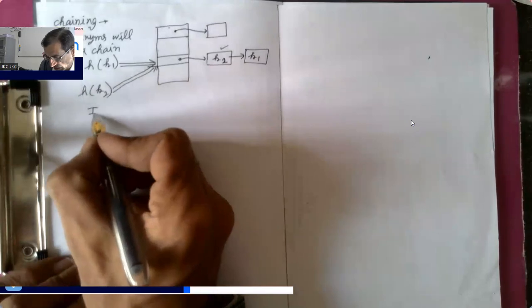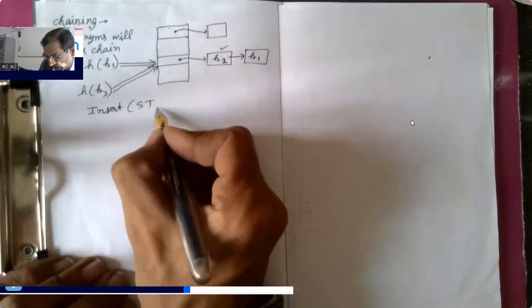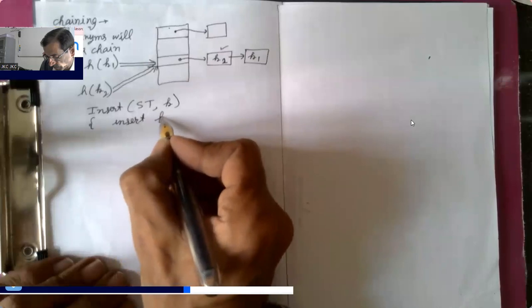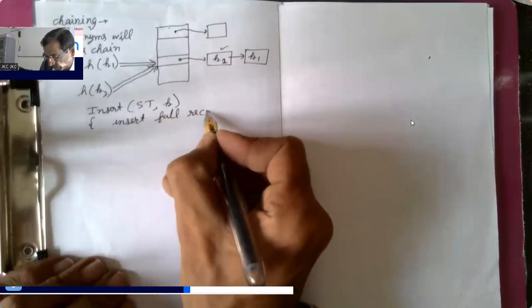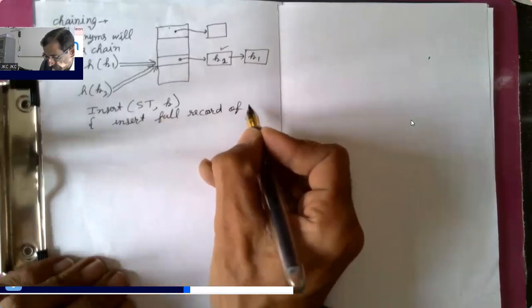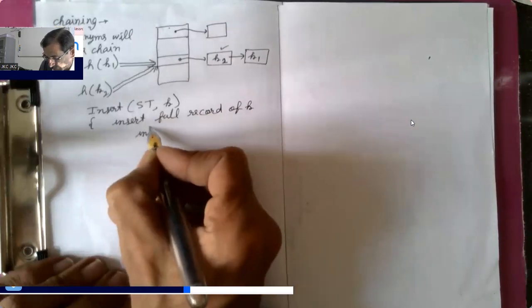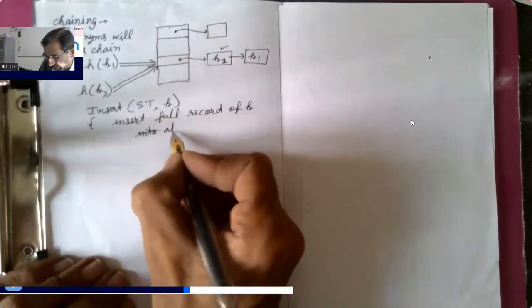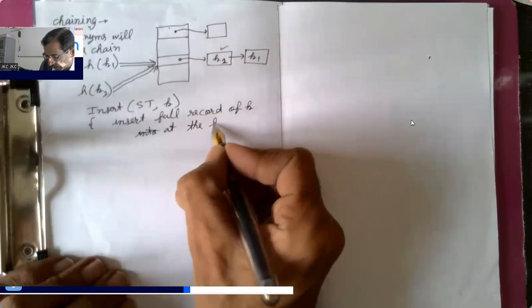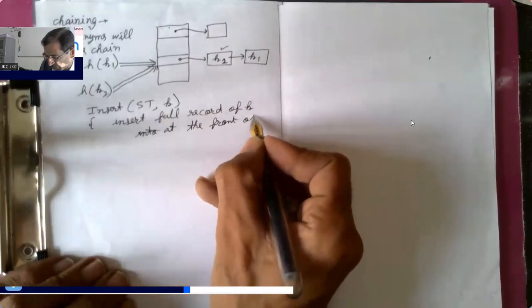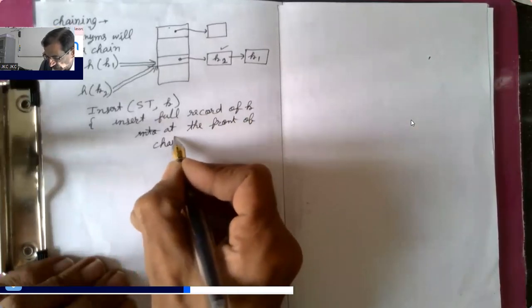So insertion of some value K into the storage table will effectively mean inserting the full record of K at the front of the chain. Where is the chain?